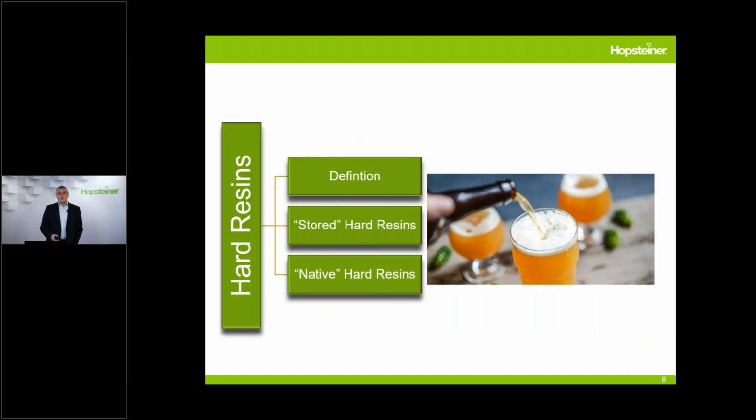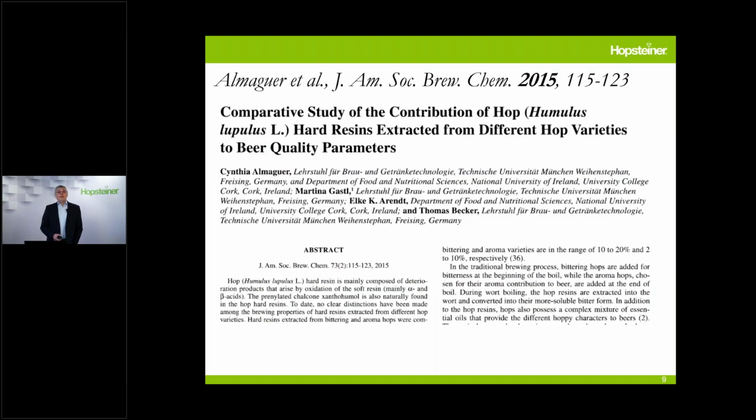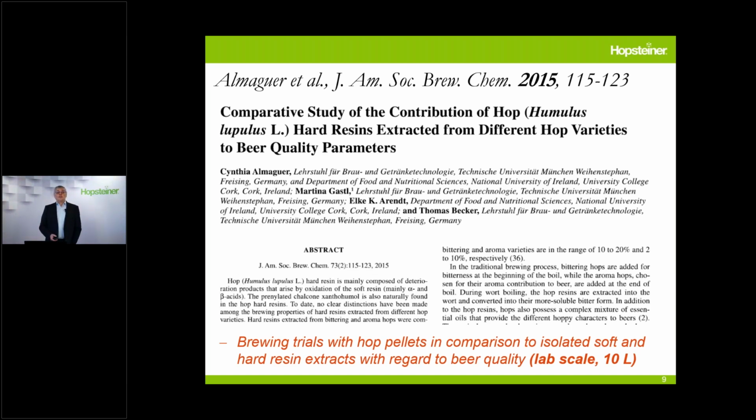So these are the hard resins that are present in fresh hops, harvested hops after drying. And in 2015, there was a study from the chair of brewing and beverage technology. And in this paper, brewing trials with hop pellets were done in comparison to isolated soft and hard resin extracts.